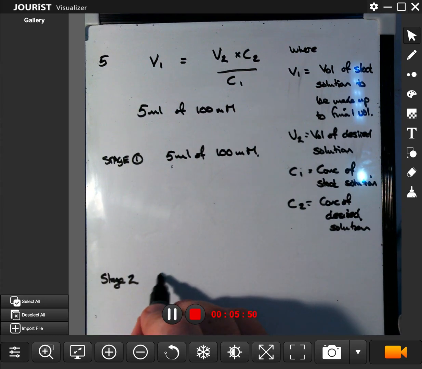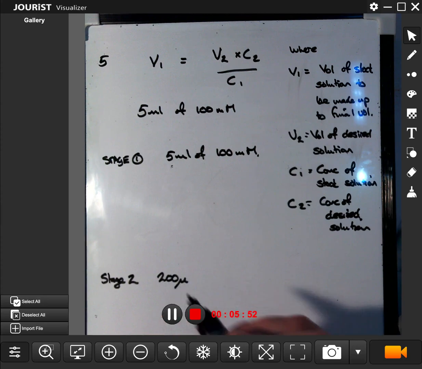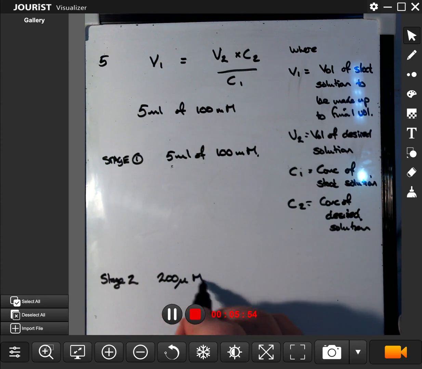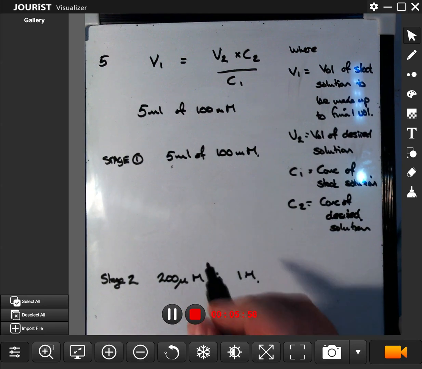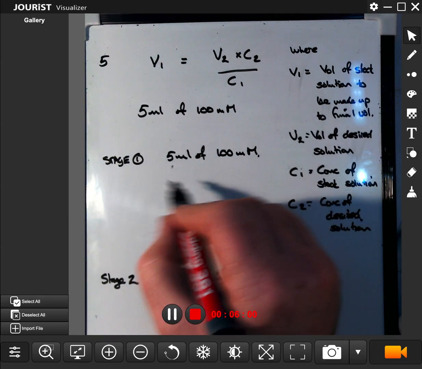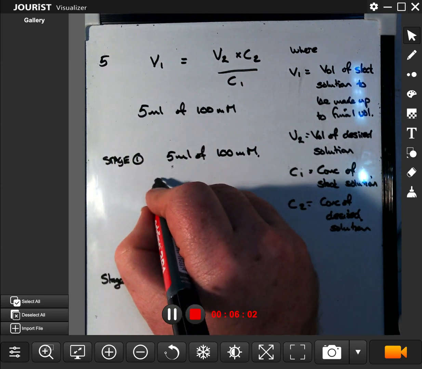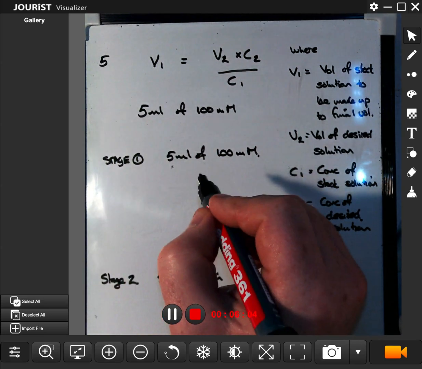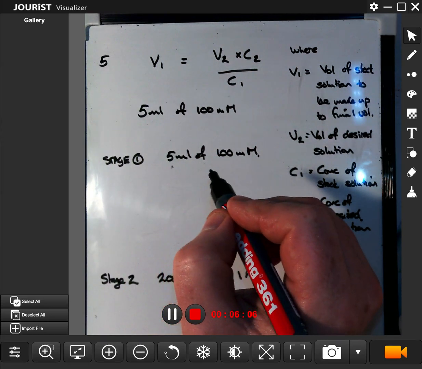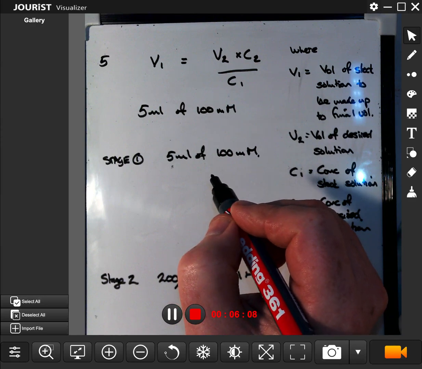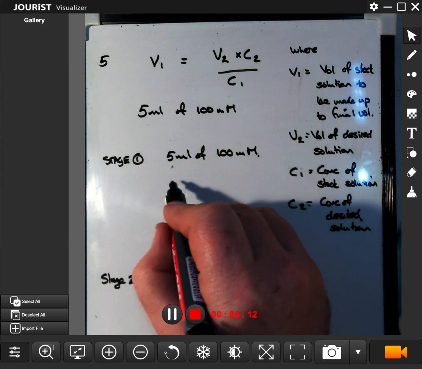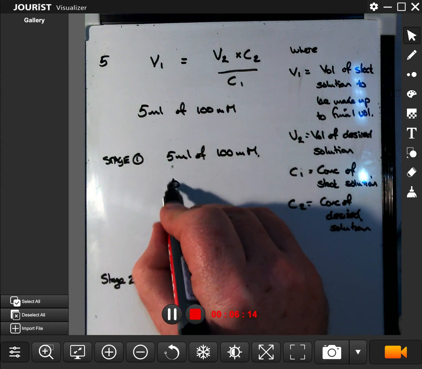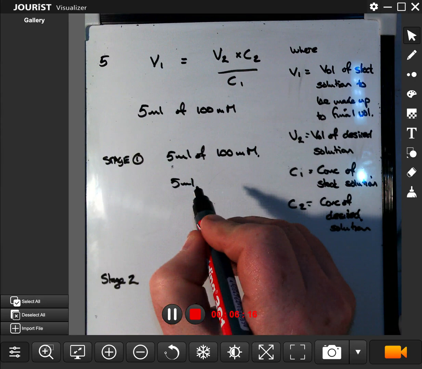When we do that calculation, 5 times 100 is 500, divided by 2,500 gives us 0.2 mils of original stock solution made up to 5 mils. So that's what we're going to do to begin with.